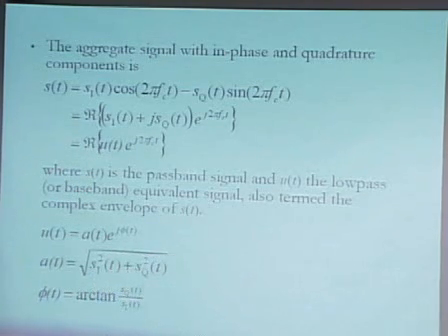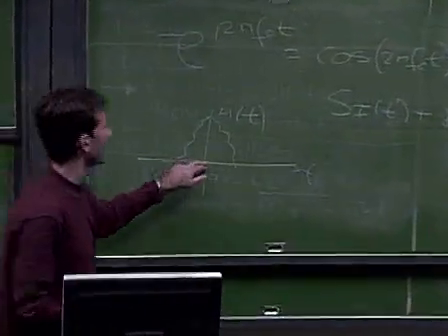Okay, so they're shifted versions of each other. One lives around fc, the other one lives around 0. So in frequency, this is 0. We have some signal u of t, so this is the baseband equivalent, and the passband equivalent is over here.